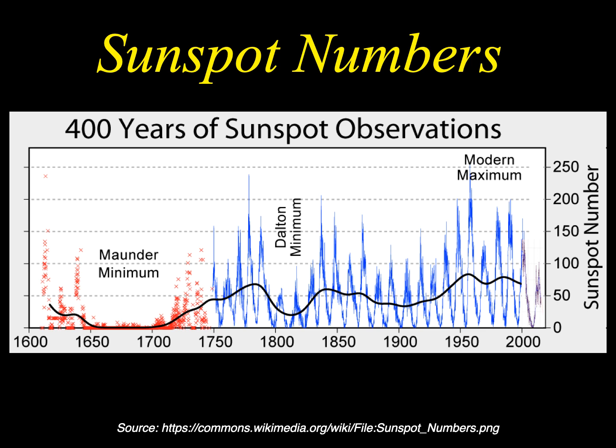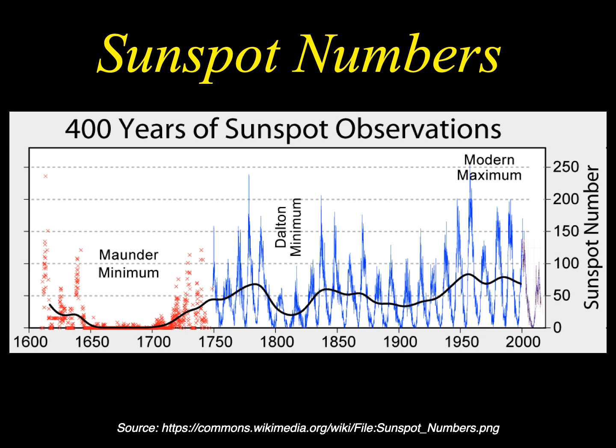The black line is a moving average. So we can see that sunspot activity did get higher when we moved from 1900 to 1950 to 2000. It's now on a downswing.